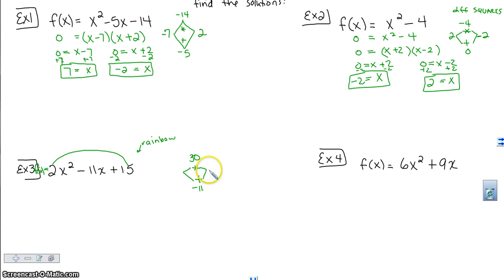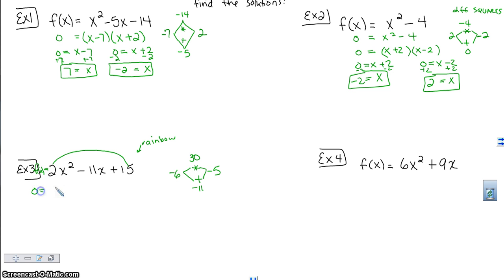So 1 times 30, no, 2 times 15. Can I get an 11 out of that? No. How about 6 times 5? Yeah, if I make both of these negative, negative 6 times negative 5, positive 30. Negative 6 plus negative 5 would add to give me negative 11.